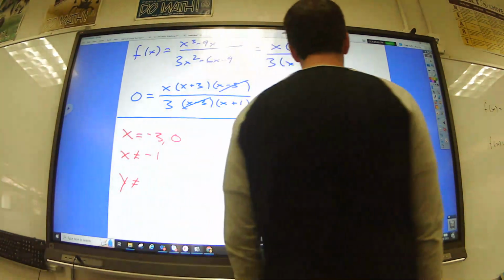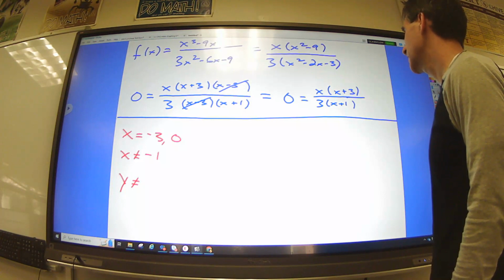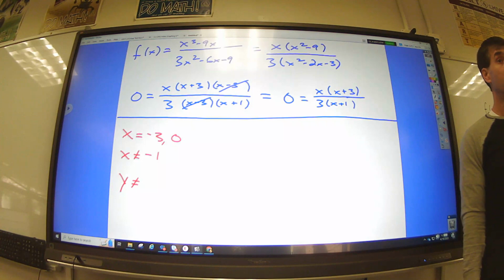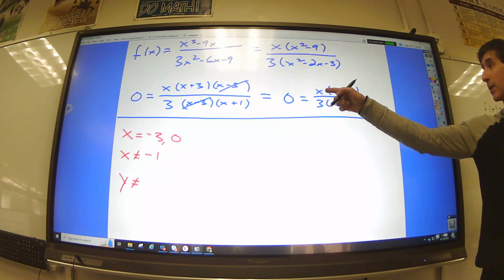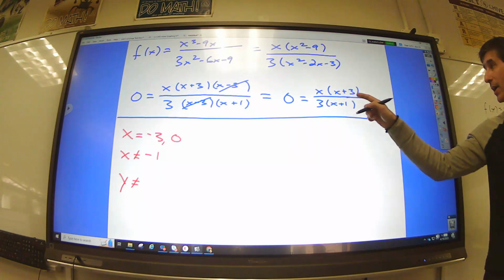My horizontal asymptote, well, oh my goodness, this is an ugly one. What do I have? Is m equal to n, m less than n, or m greater than n? M is greater, because x times x is x squared over x.